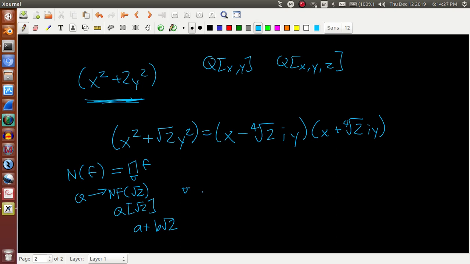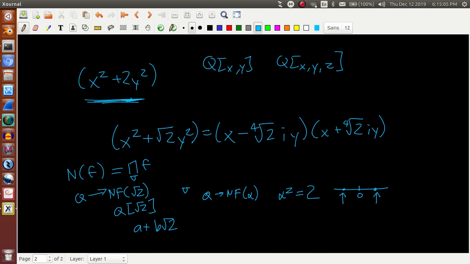So in this case, there's two of them, because the square root of 2, I should say, alpha, where alpha squared equals 2, embeds in two different ways into C, the complex numbers, or R, either one. It embeds once where alpha goes to the positive square root of 2, and then it embeds another way where alpha goes to the negative square root of 2.